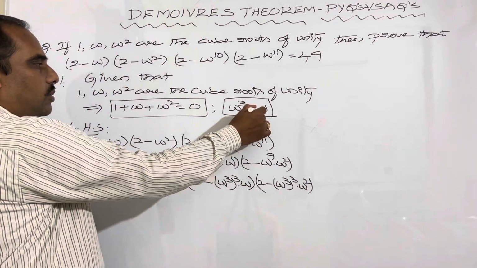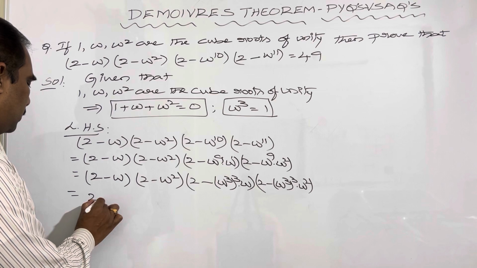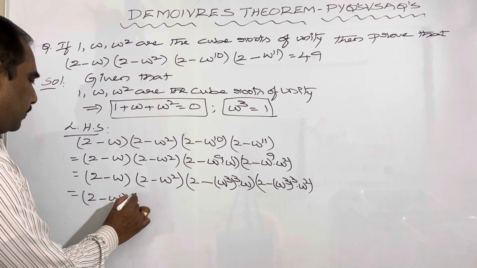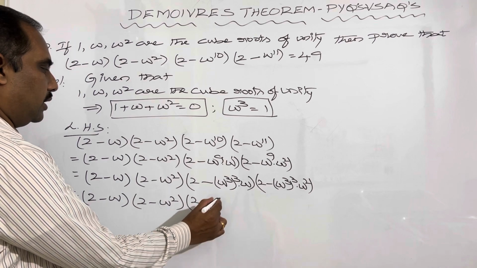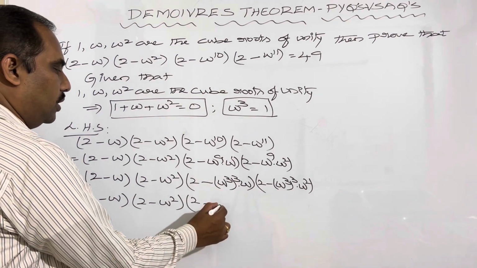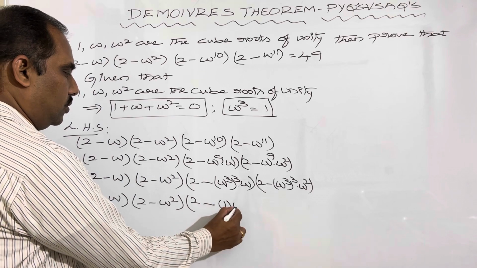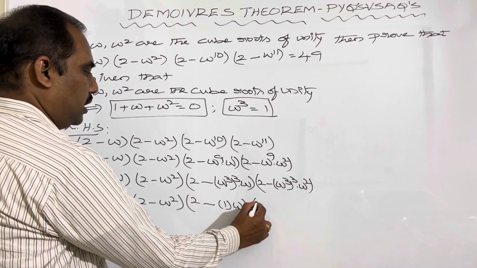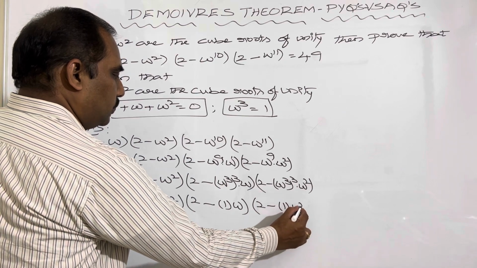We know omega cube is equal to 1, so this is (2 minus omega)(2 minus omega square)(2 minus 1 into omega)(2 minus 1 into omega square).